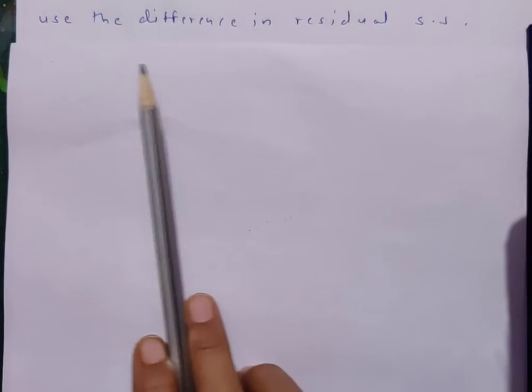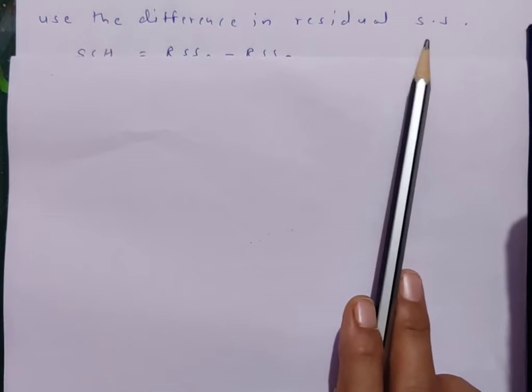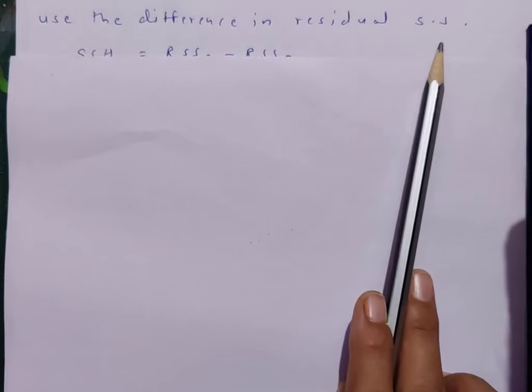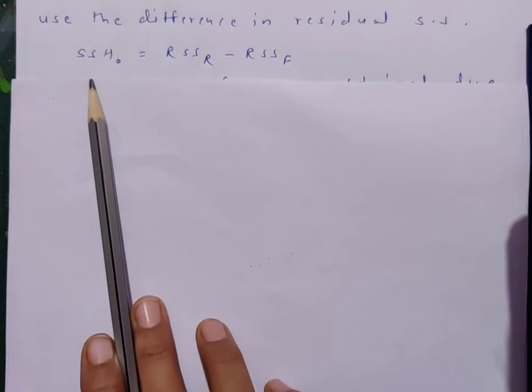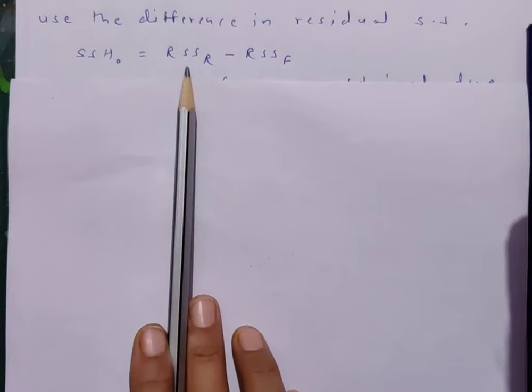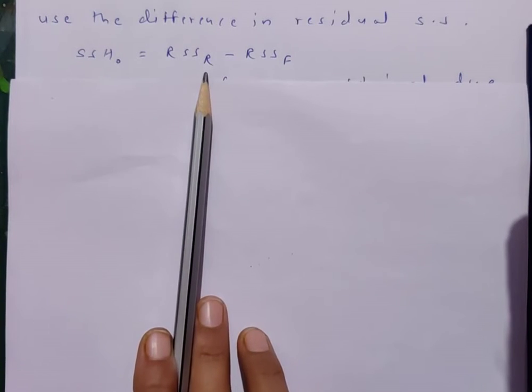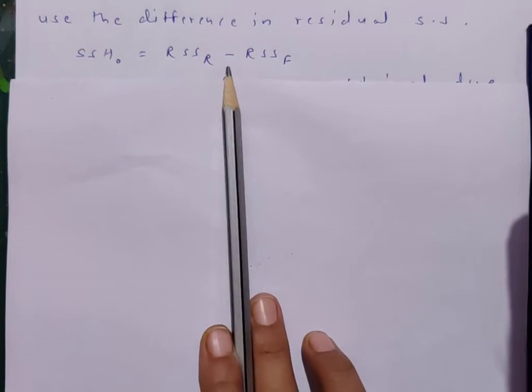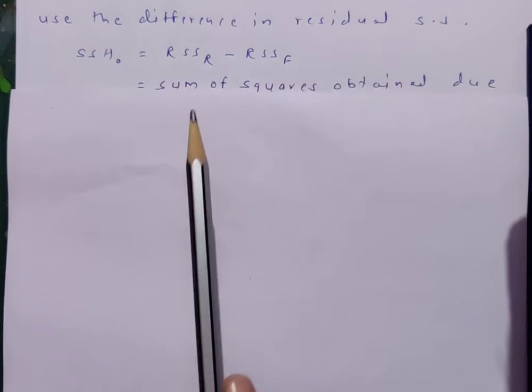So to test the hypothesis H0: T beta is equal to 0, we use the difference in residual sums of squares. So SS H0, that is the sum of squares under H0, is equal to RSS R, the residual sum of squares due to the reduced model, minus RSS F, the residual sum of squares due to the full model.